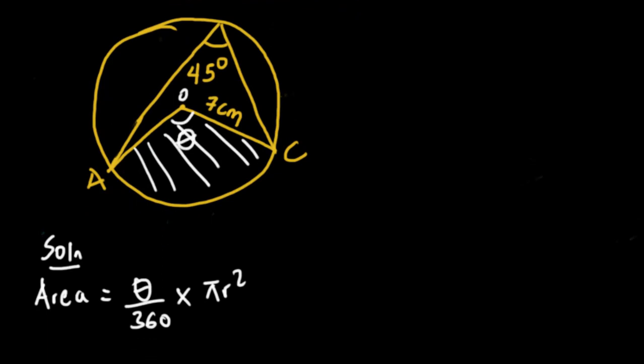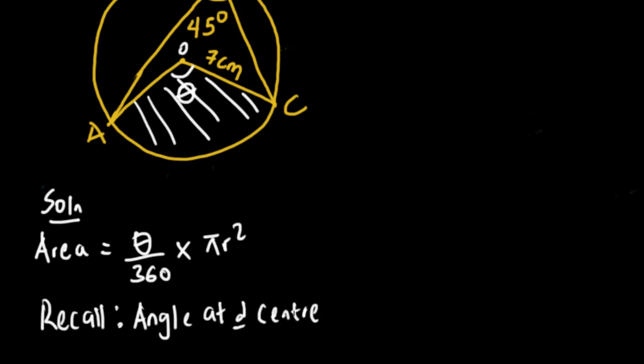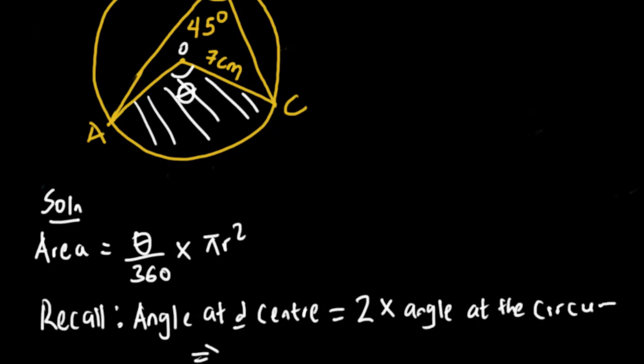We write, recall that angle at the center equals 2 times angle at the circumference. So this implies that theta equals 2 times 45, which equals 90 degrees.